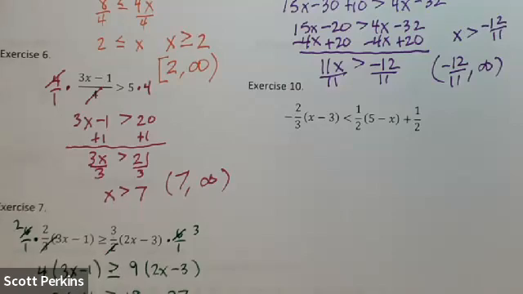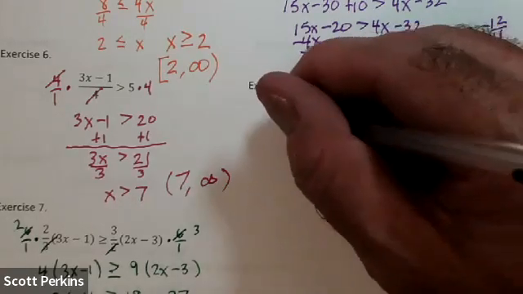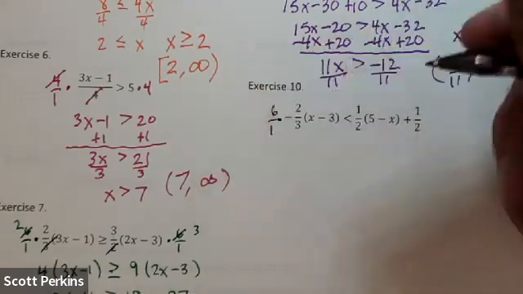What is the common denominator you're using? 6. You can use 12 if you just multiplied all three numbers together, that's fine, but 6 is the lowest common denominator. That's what I will be using.